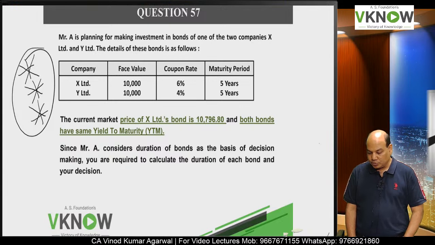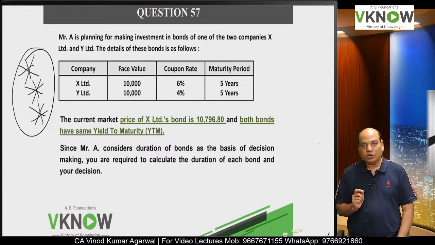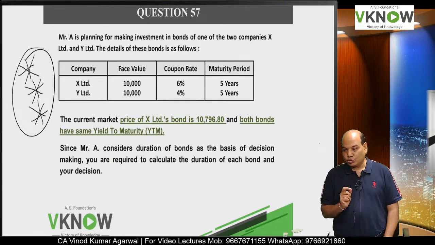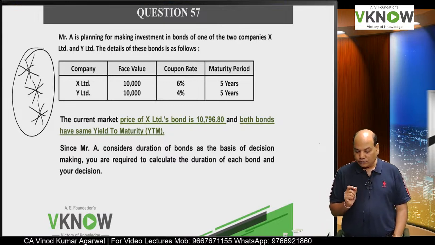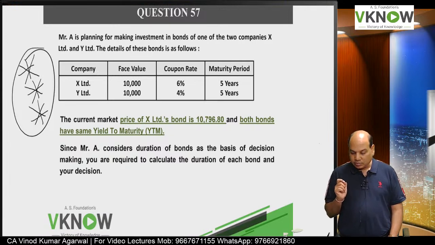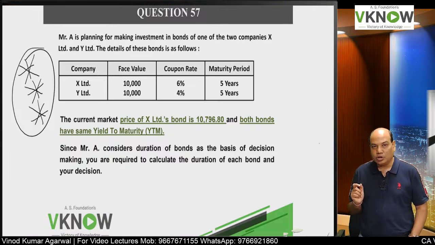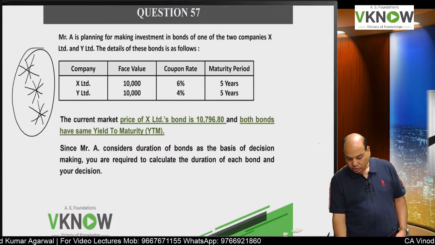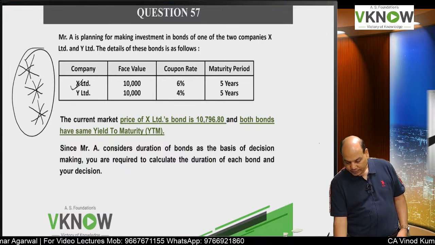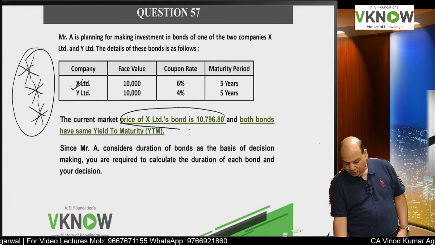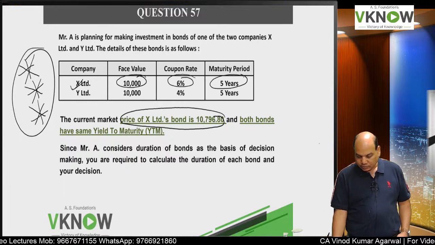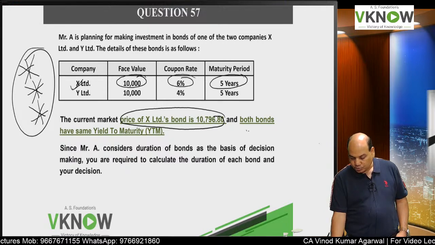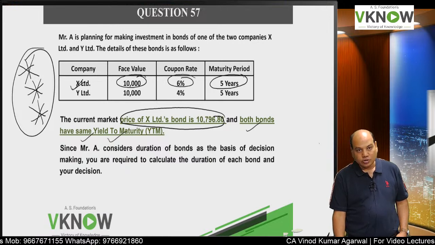The details of these bonds are: X Limited bond has a face value of 10,000, coupon rate 6%, maturity 5 years, and Y Limited 10,000, 4%, 5 years. The current market price of X Limited bond is given, so for this company the current market price, face value, coupon and years are given, and it says both bonds have the same yield to maturity.